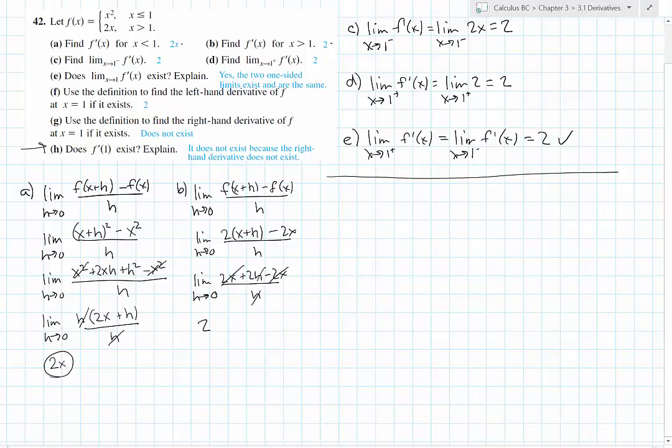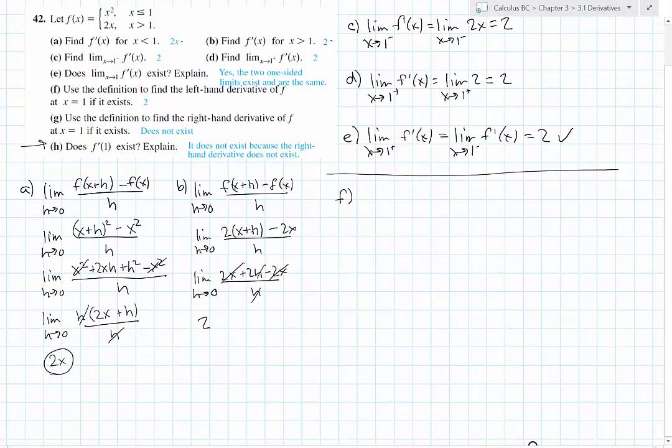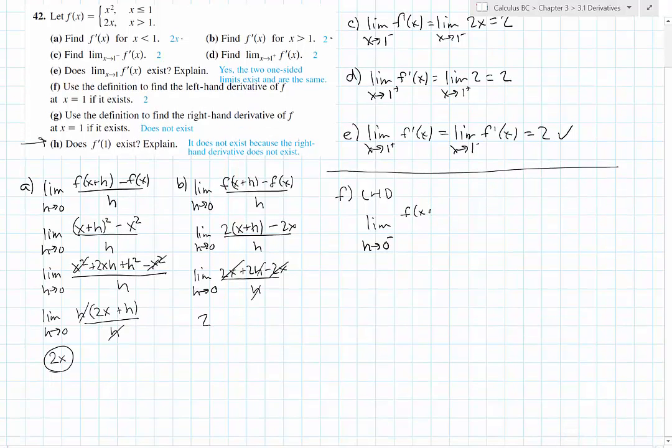And the reason being is that in part F we can do a left-handed derivative. The limit as h approaches 0 from the negative side of f of x plus h minus f of x all over h.